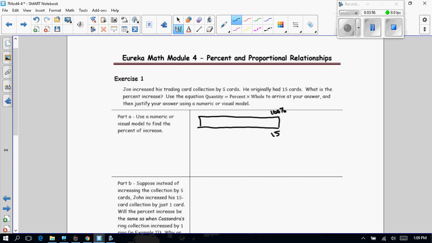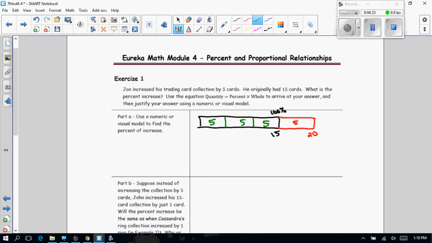And he's going to increase this another 5 cards, which means we now have 20 altogether. If I break this original one up, I could break this into sections of 5. Here's 5 cards, here's 5 cards, here's 5 cards. That gives me my 15 plus the 5 more that we have.